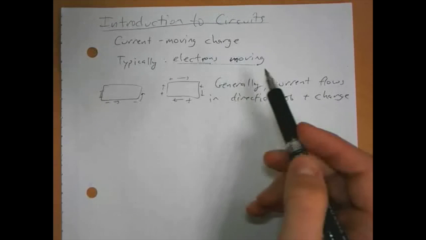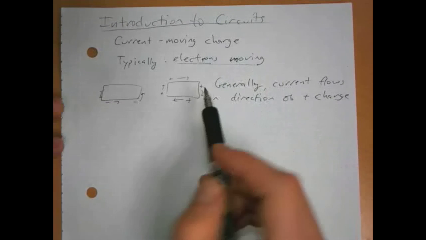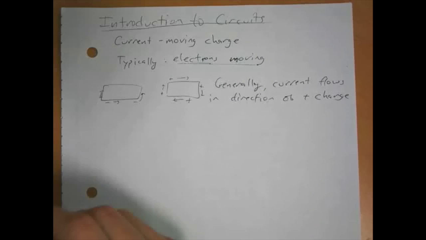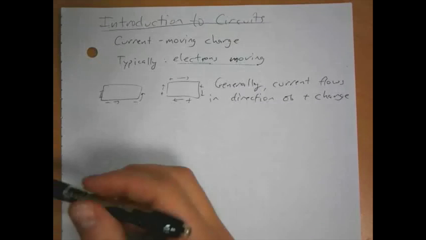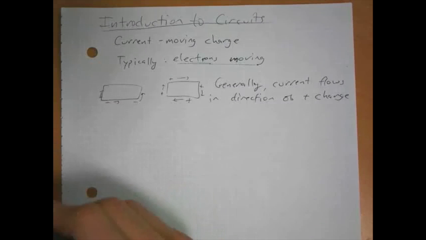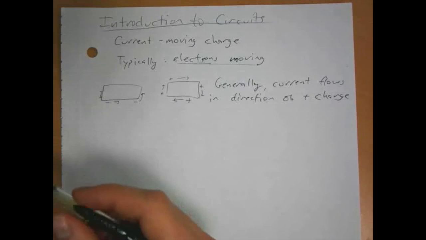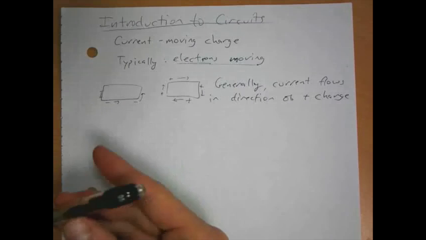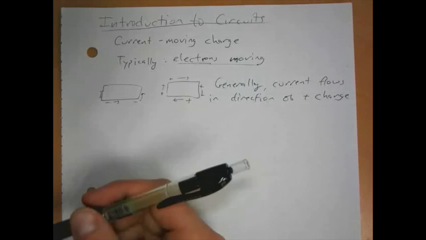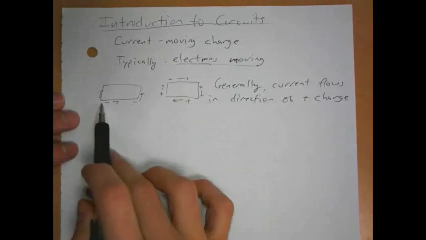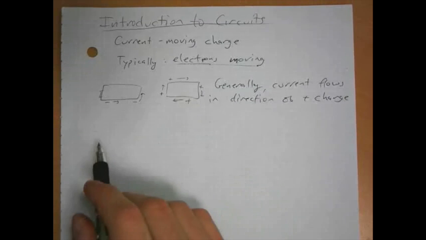Mathematically, we'll get the same results because negative going one way is kind of the same as a positive going the other way. We'll get the same results, and it's easier to think about with positive charges moving. So that's what we generally do. Although you should keep in mind and know that it is usually electrons that are moving.